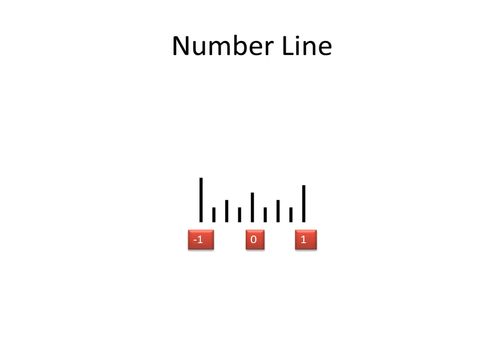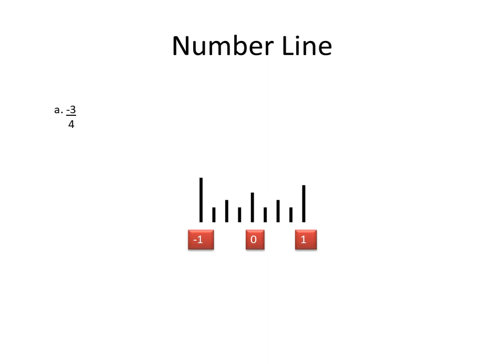Since I have divided 0 and 1 into 4 equal parts, I can plot rational numbers whose denominators are 4. Let's take an example, -3 by 4. This -3 by 4 should be positioned in this number line.